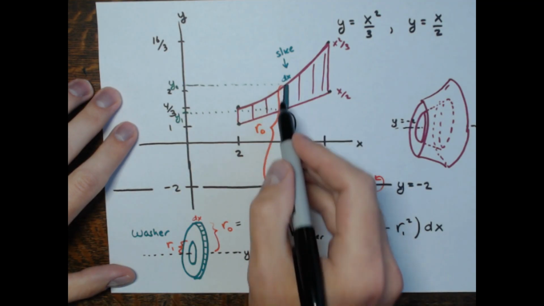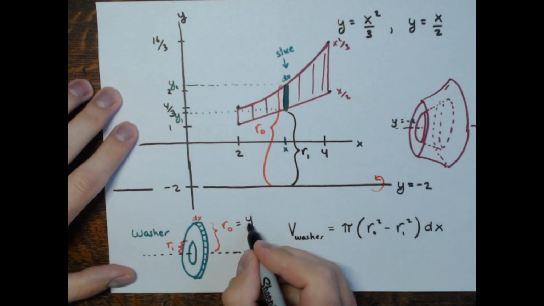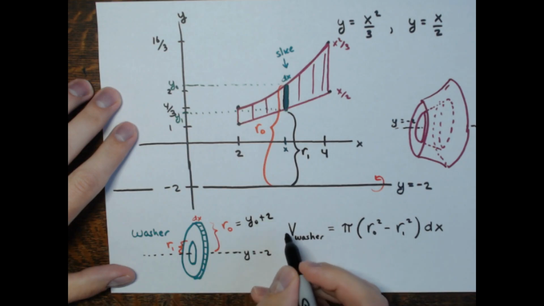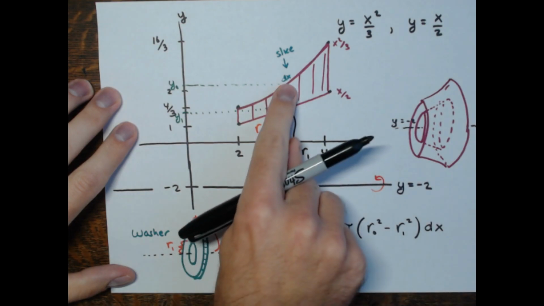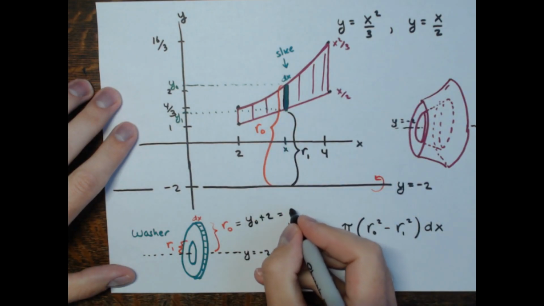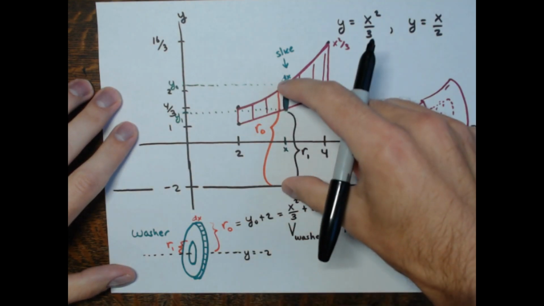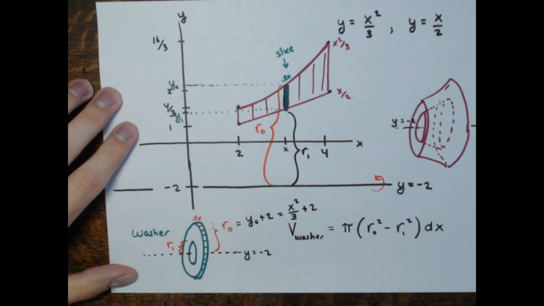Top y, YO, minus bottom y, which is -2 here. YO minus -2 is YO + 2. And what is YO? The y coordinate on the top curve is this 1/3 x cubed. So x squared over 3 plus 2. So there's the top radius, the big radius, the radius of the big circle.